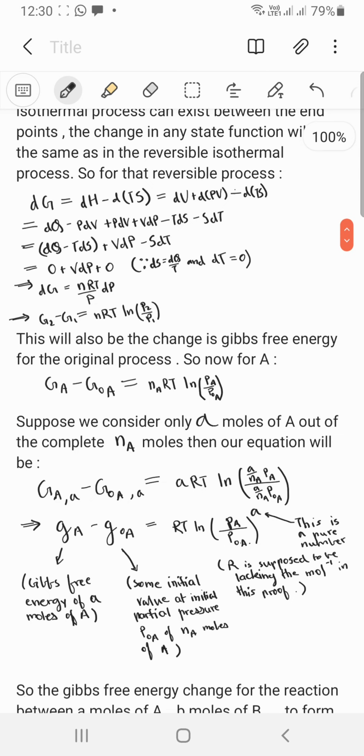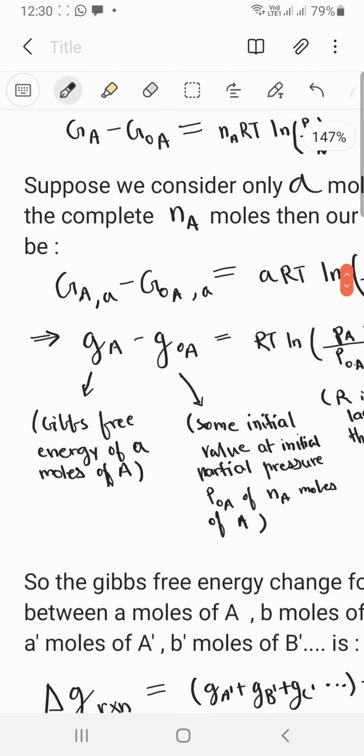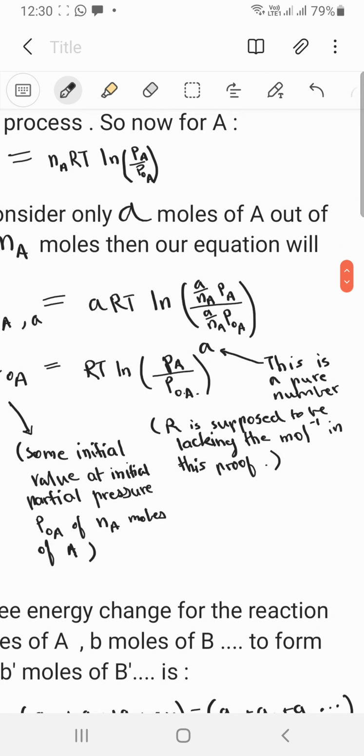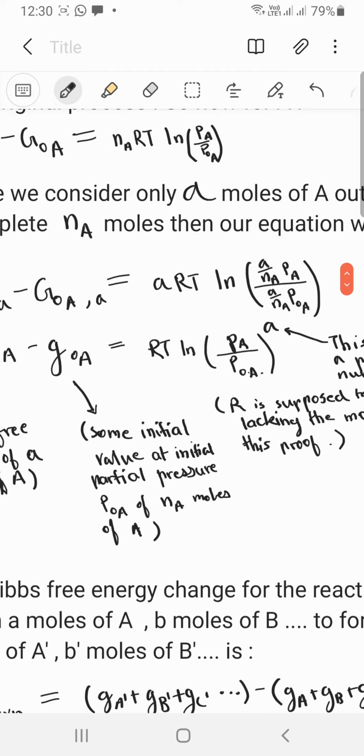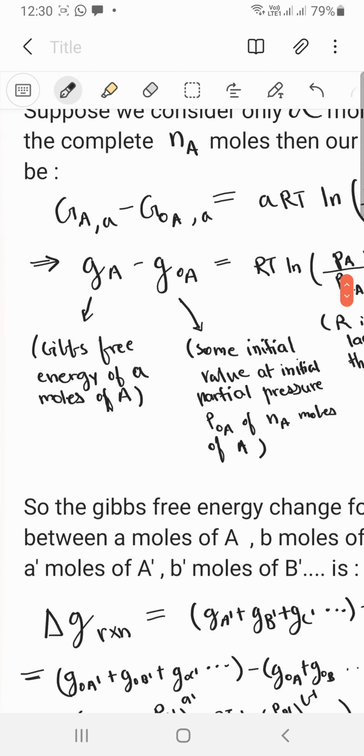So suppose we consider only small a moles of A out of the complete NA moles, then our equation will be Ga comma small a minus G naught a comma small a is equal to aRT natural log of aPA upon aP naught A, because the partial pressures will be smaller for that small a moles of the species A instead of the NA moles.